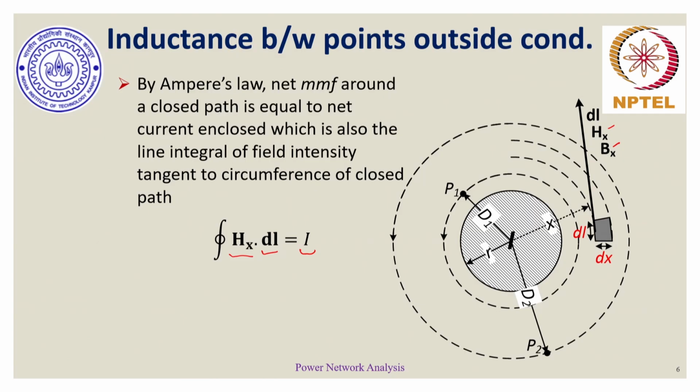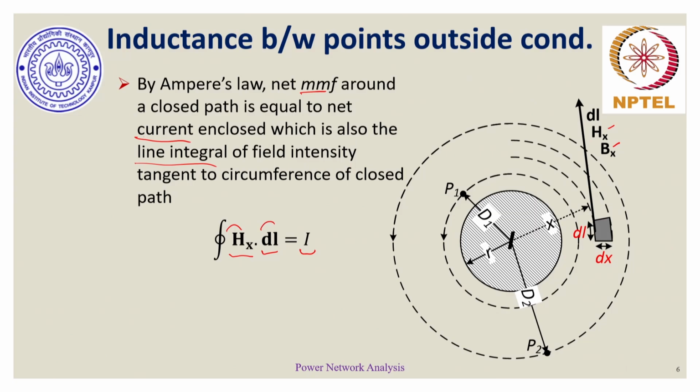So basically the net magnetomotive force, MMF, around a closed path as per Ampere's law is equal to the net current enclosed within this line integral path, which is also equal to the dot product of the magnetic field intensity and the corresponding dl vector.